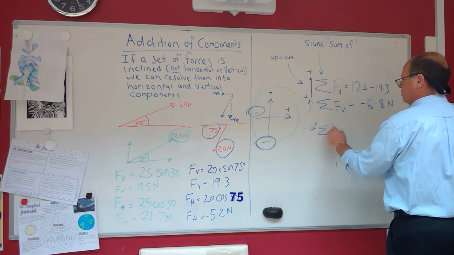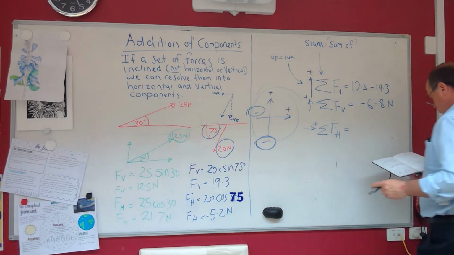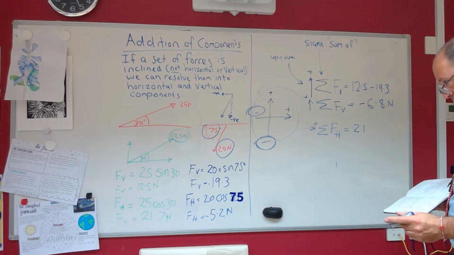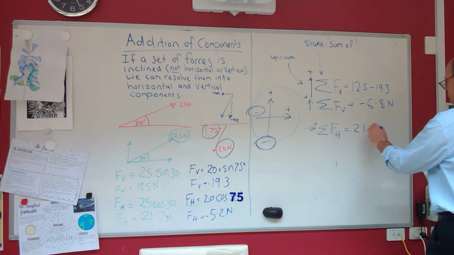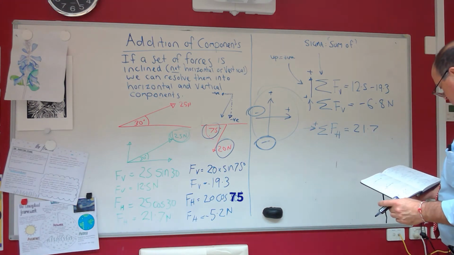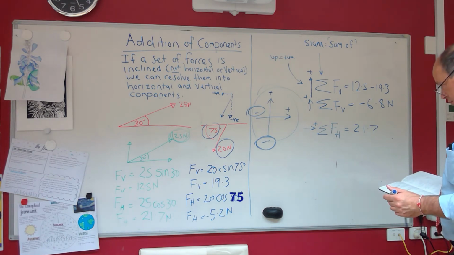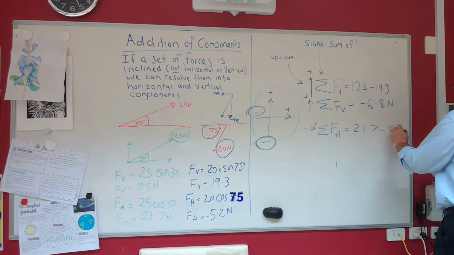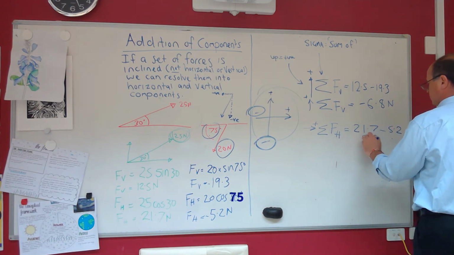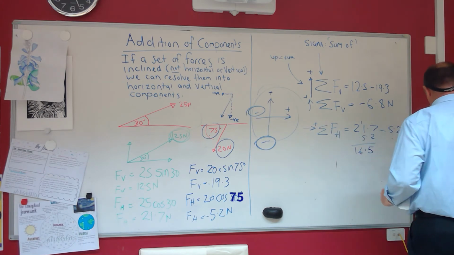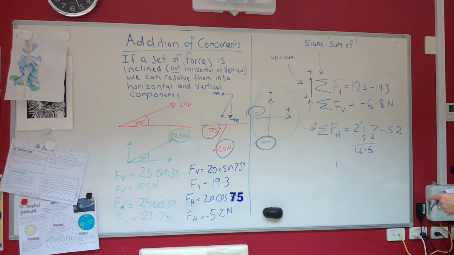Sigma, forces horizontal, is equal to 21, what did we say it was? 21.7 minus 5.2. So we end up with 16.5.